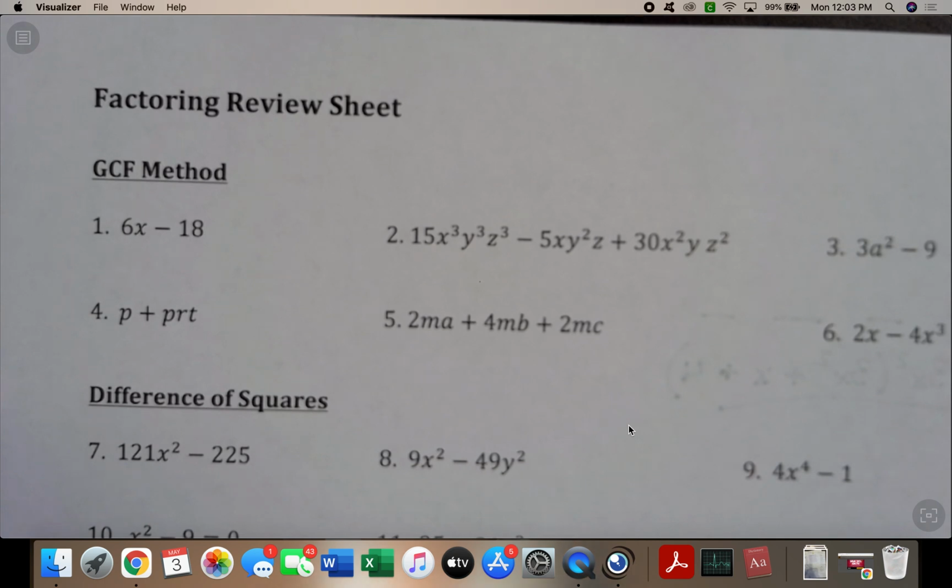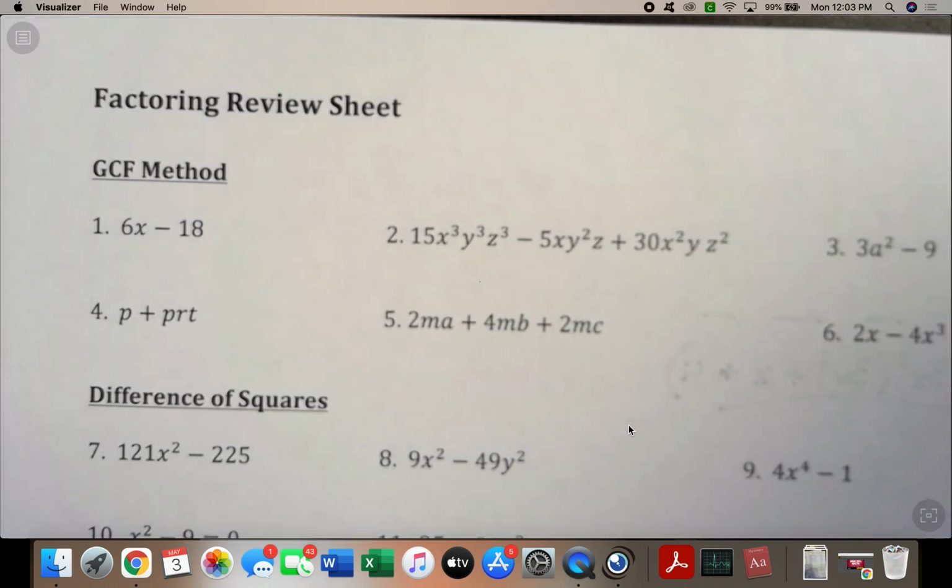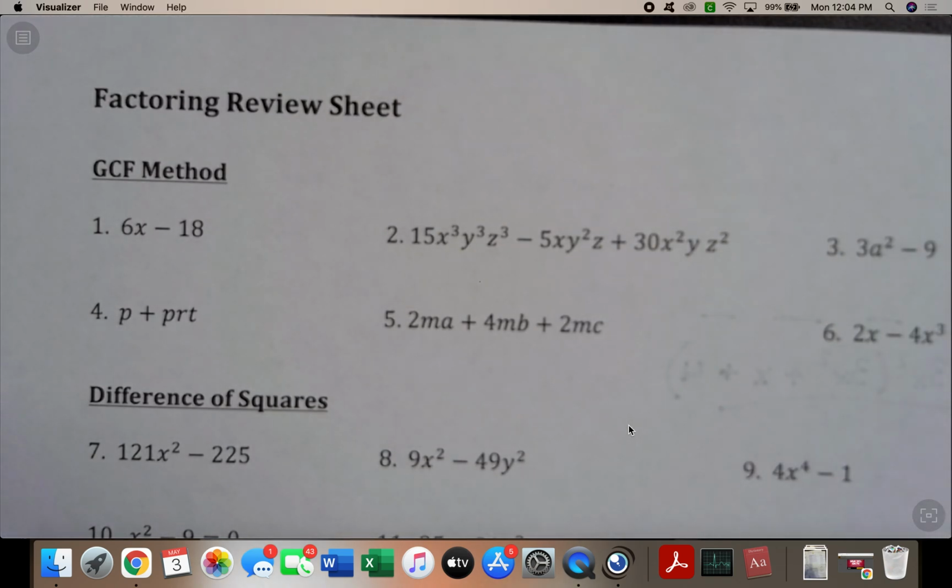How do you do 2? Try it on your own. Okay, you can take out as... Is that how you do it?